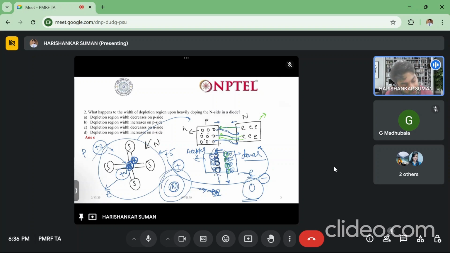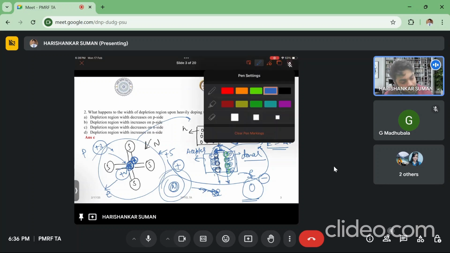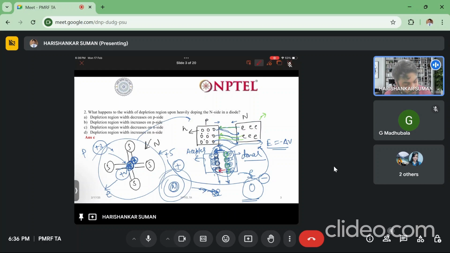If a potential difference is there, then there is always an electric field, and it opposes the diffusion.